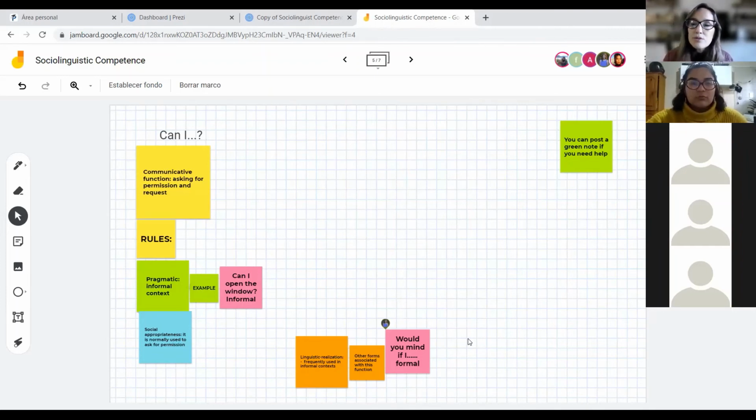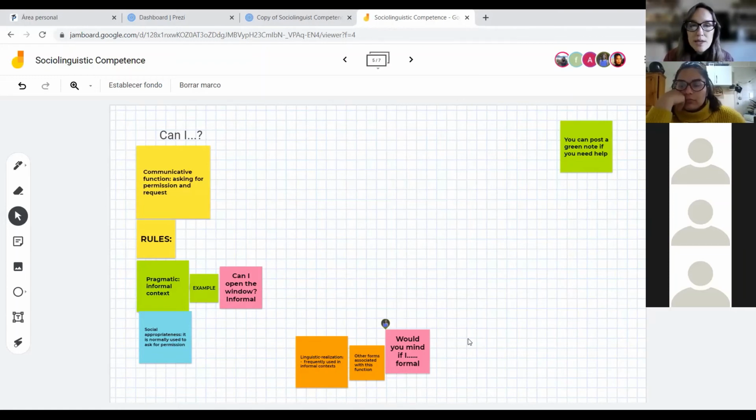But in order to develop sociolinguistic competence, our students at some point will need to know that there is more than one way of asking for permission and making a request, okay? And also the situations. I sent you a message to the breakout rooms.